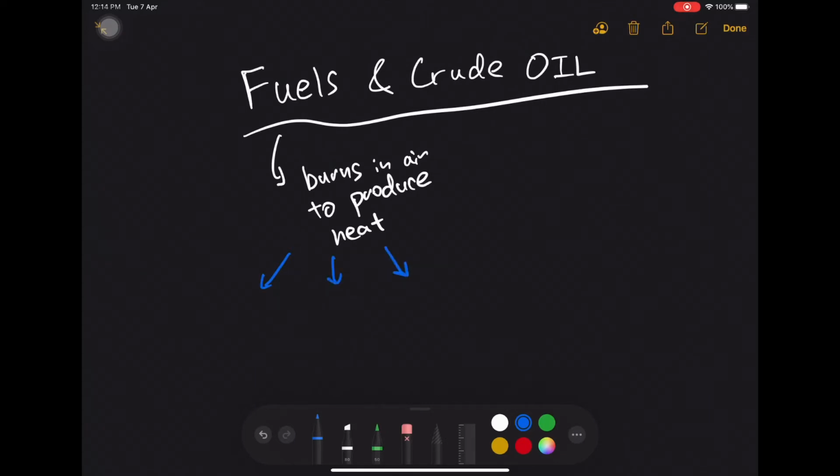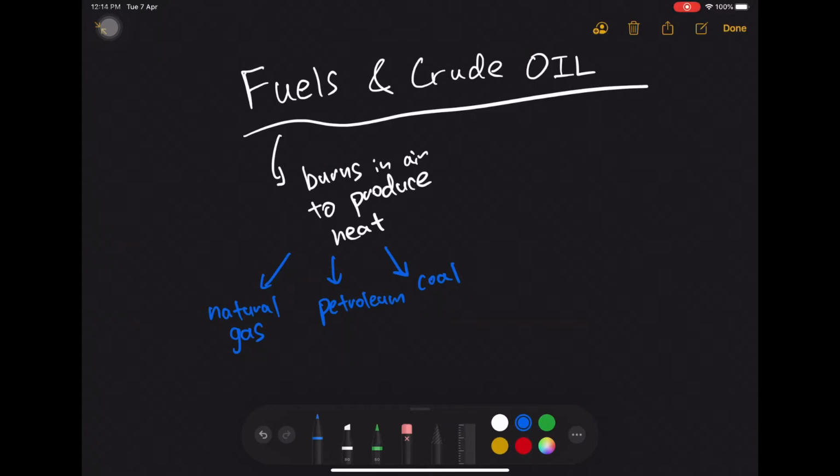So we have our natural gas, petroleum, and then we have our coal. So these are the three things that you need to know for fuel, the main sources of energy.